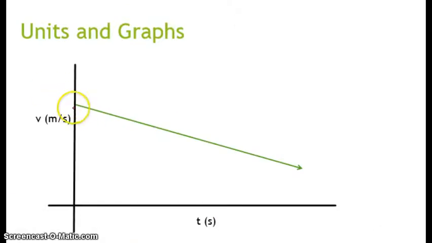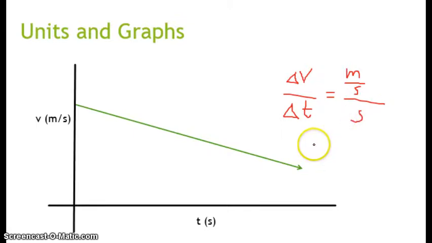Let's try something similar on a velocity time graph. The intercept tells us our starting velocity, how fast we were going, and in which direction when we started. What about the slope? We've got change in y, only we don't have a y, over change in x, only we don't have an x. Aha! There is our slope. And our units are meters per second divided by seconds.